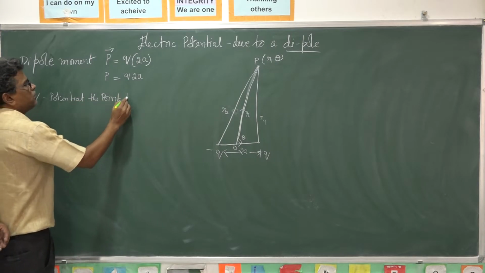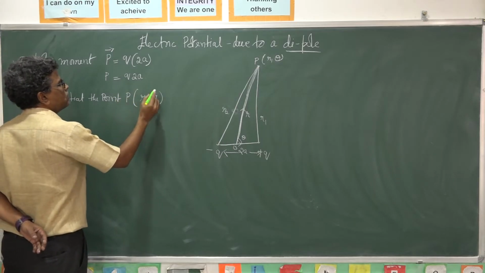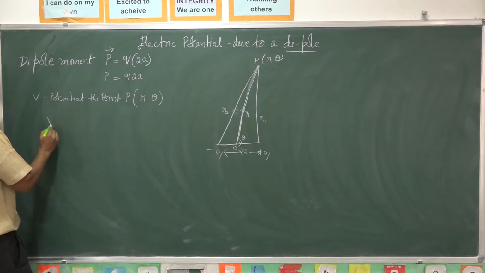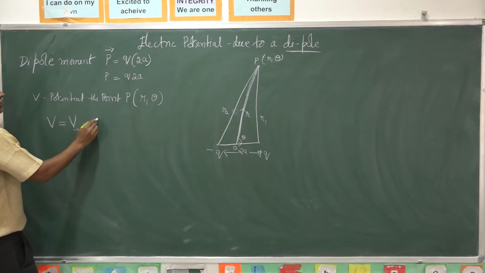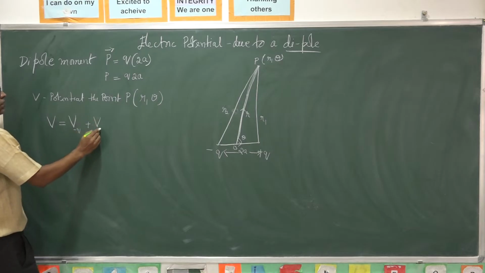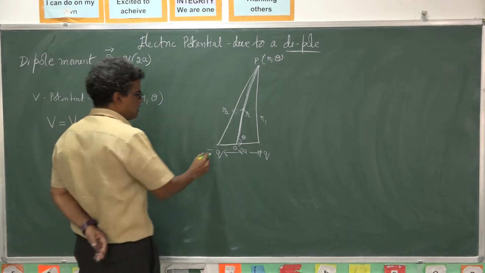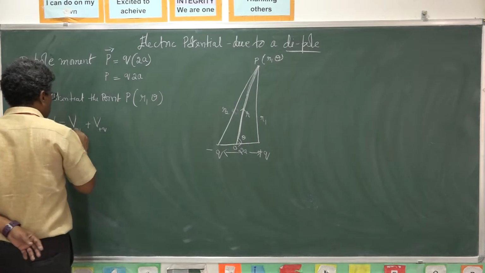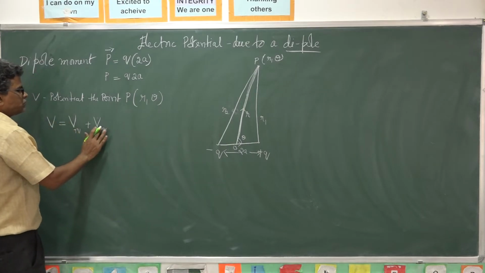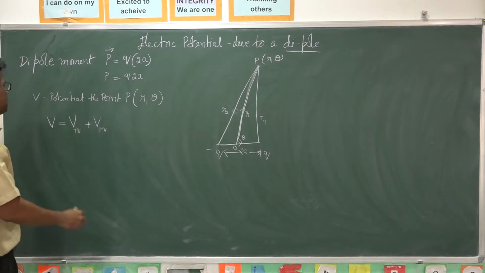At the point P, with coordinates r theta, V is equal to the potential due to minus q charge plus the potential due to plus q charge. You have to add these two from the principle of superposition.